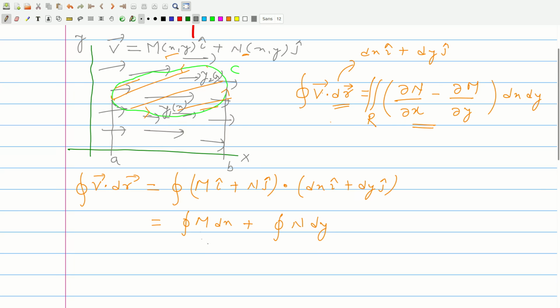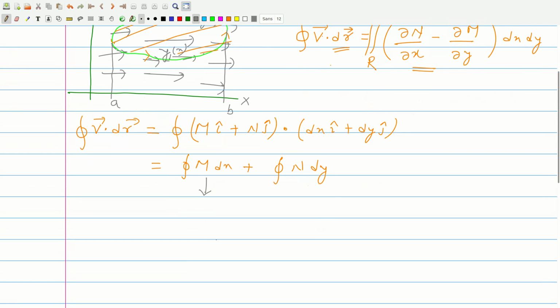So this part you can calculate this way, and since it is a function of x and y and we are considering the lower curve now, we have written y1, and this integration will go from a to b.